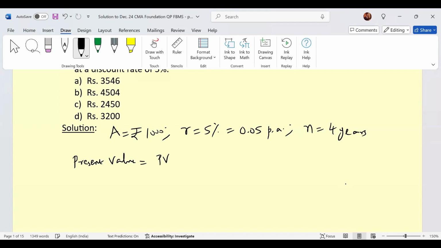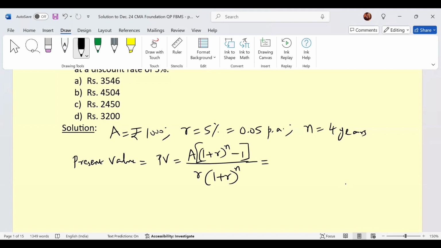PV is equal to A times (1 plus R to the power of n minus 1) divided by R into (1 plus R to the power of n).